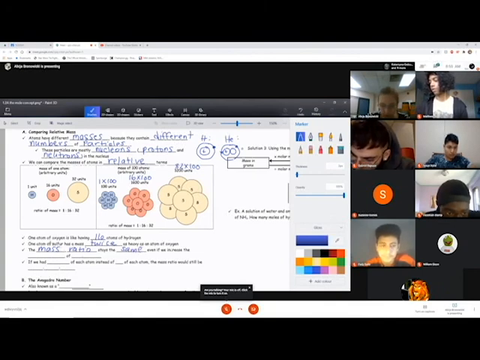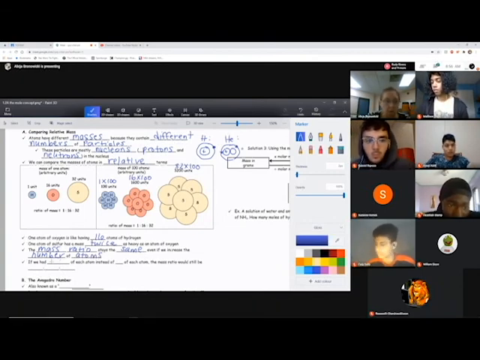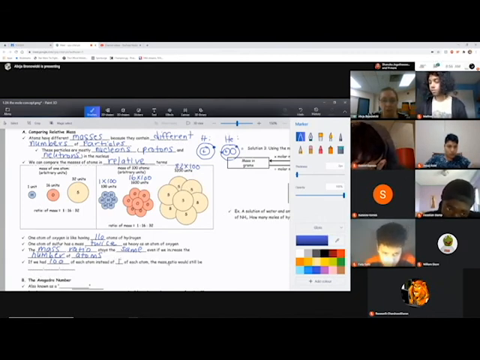Even if we increase the number of atoms, so if we had 100 of each atom instead of 1 of each atom, the mass ratio would still be 1:16:32.